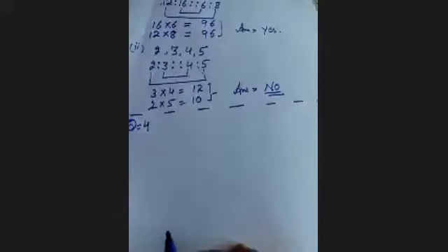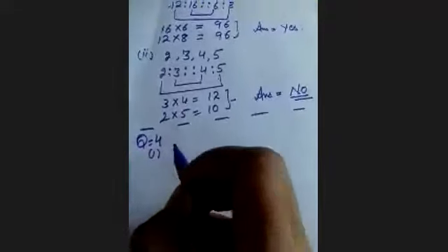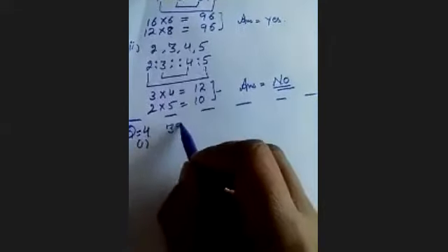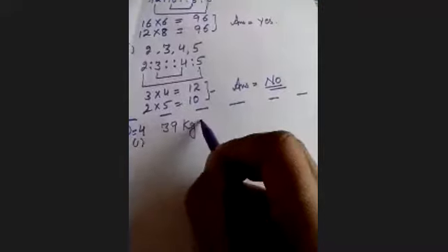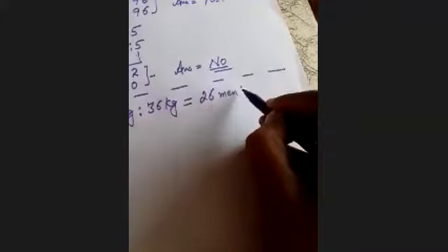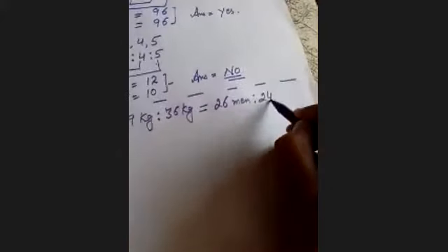Fourth question, first part is 39 kg ratio 36 kg and 26 men ratio 24 men.